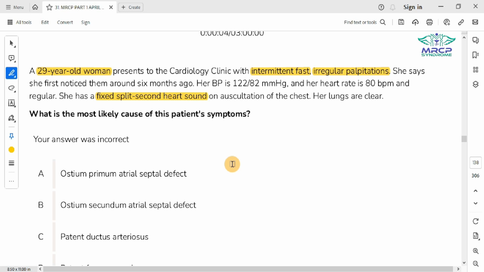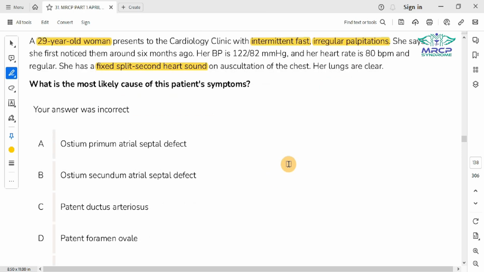She says she first noticed them around 6 months ago. Her blood pressure is 122 over 82 millimeters of mercury, and the heart rate is 80 beats per minute and regular. She has a fixed split second heart sound on auscultation of the chest. Her lungs are clear.